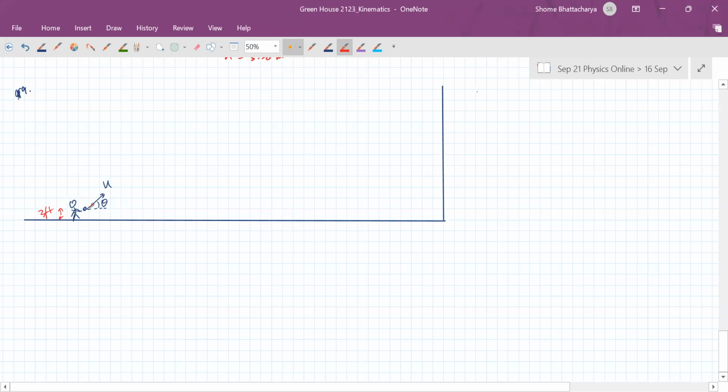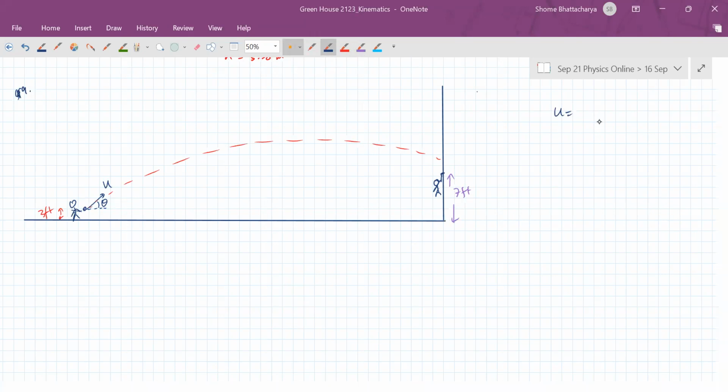So the ball, as it goes from here, is somewhere here. Whereas let's say the fielder who has jumped up in the air, his hand has reached a level which is 7 feet above the ground, and given to us that the speed of projection is 132 feet per second.